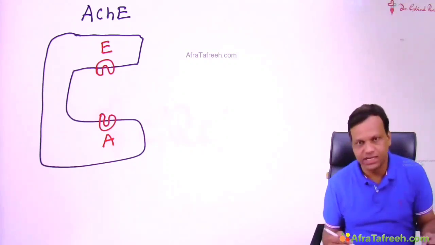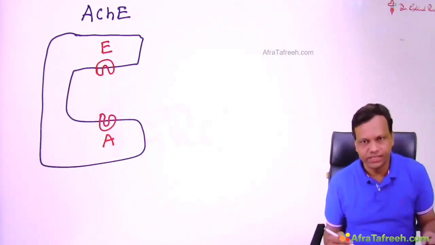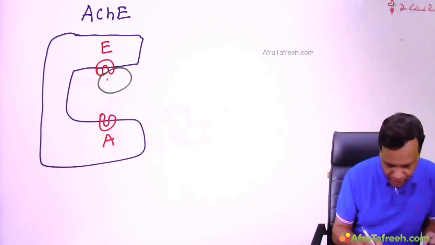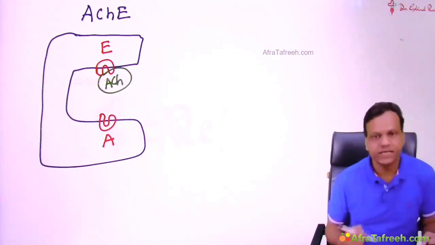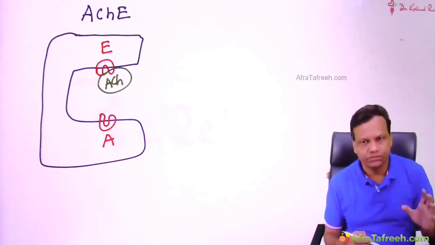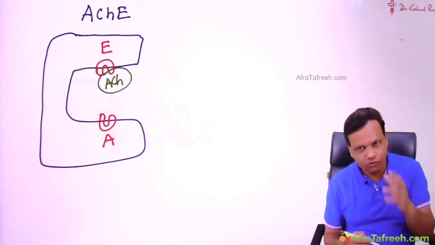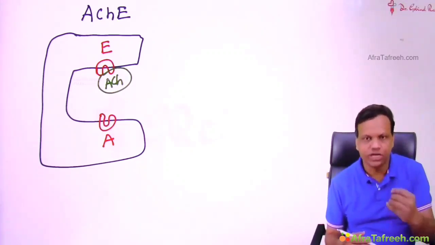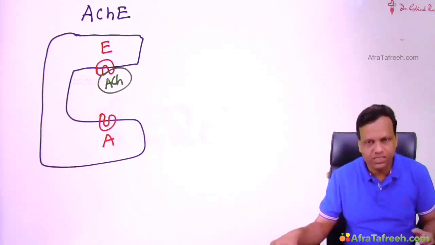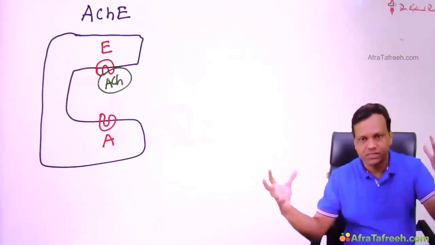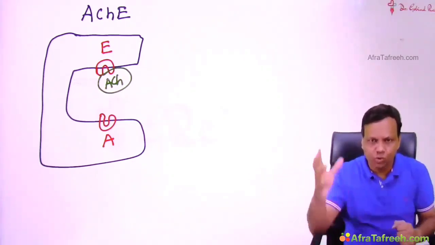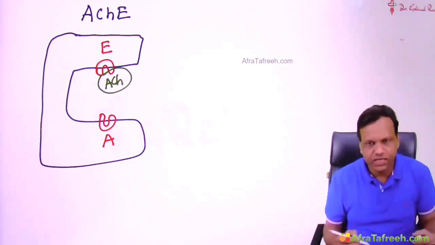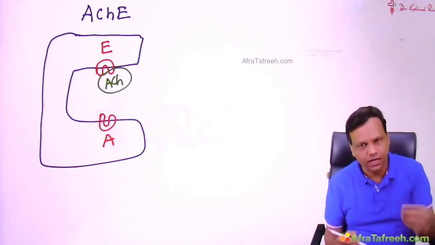So acetylcholine is an ester, so it will bind to the esteratic site. So normally, acetylcholine binds to the esteratic site and it is broken. The reaction is so fast that we will assume that this site is almost never occupied. Acetylcholine comes, binds, breaks, so quickly that we can assume this site is almost always unoccupied.